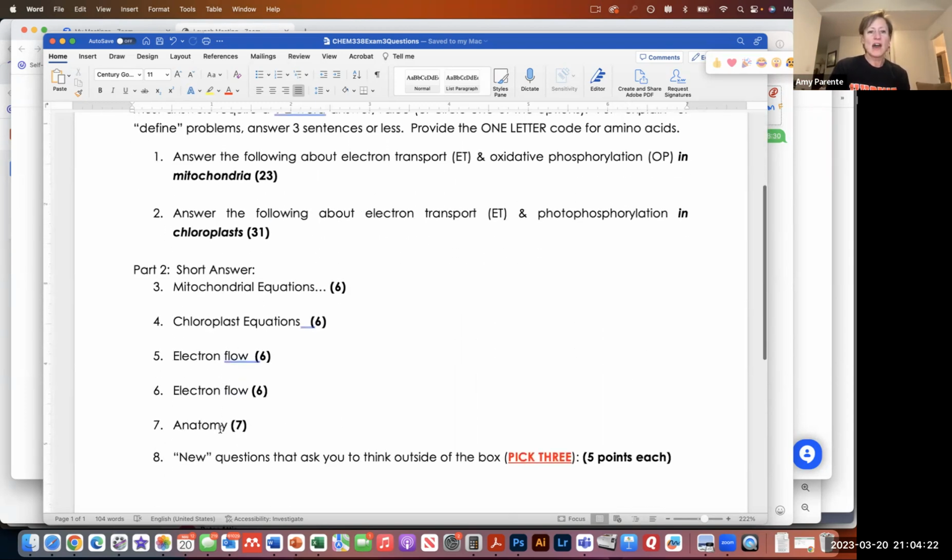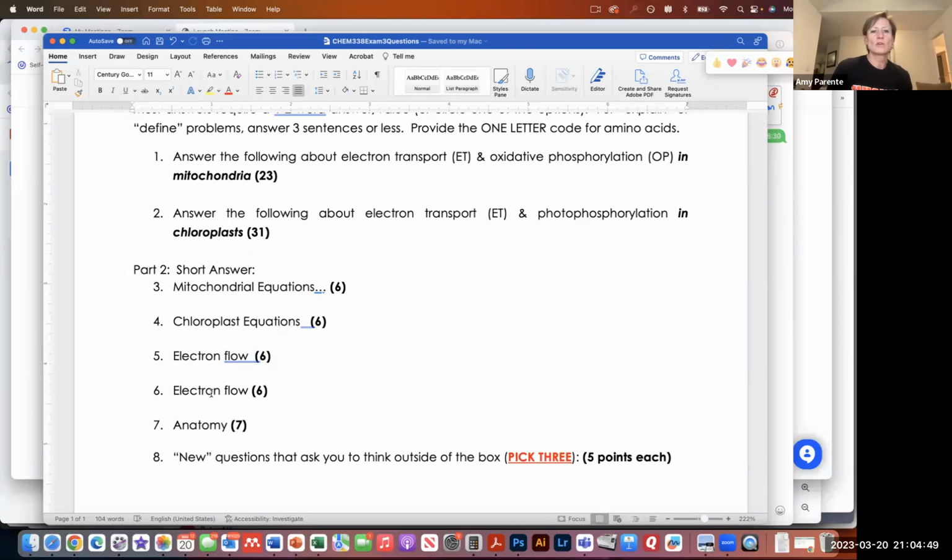Then there are 5 short answer questions, and you can probably figure out what these are. There are 2 questions on equations for mitochondrial biochemistry and chloroplast biochemistry. You had some homework questions that asked you to have a main equation that showed how things connected.